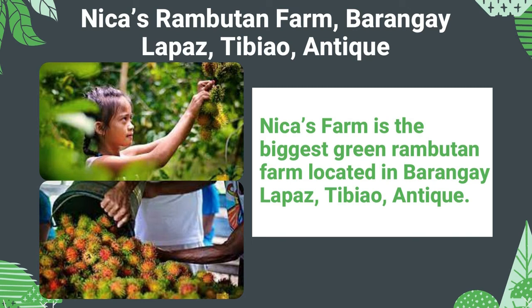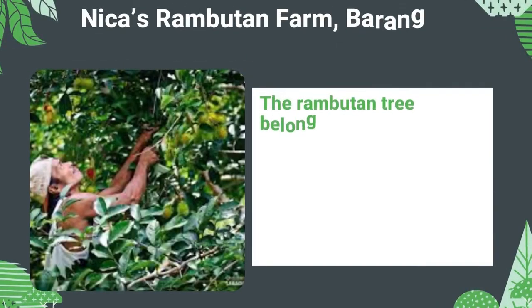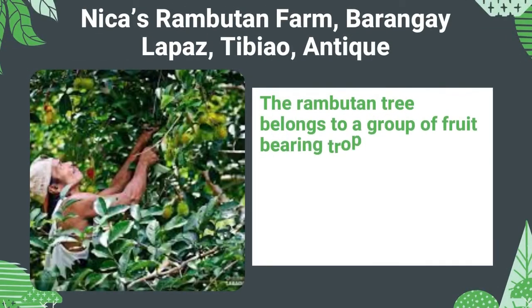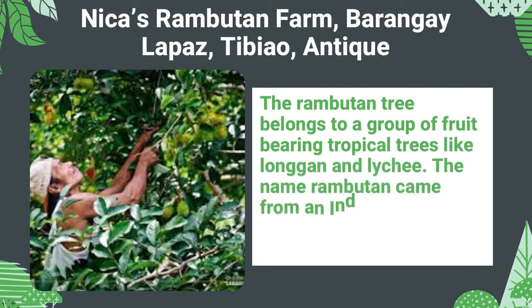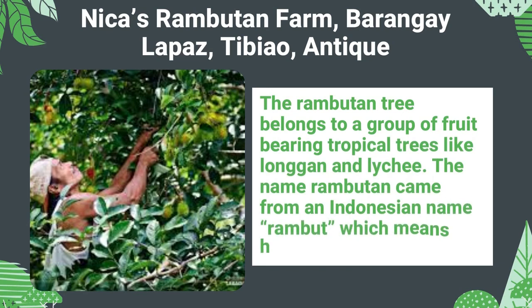Aside from the green and red rambutan, you'll also find bananas, durian, lanzones, mangosteen, pomelo, and other fruits. The rambutan tree belongs to the group of fruit-bearing tropical fruits like longan and lychee. The name rambutan came from an Indonesian word, rambut, which means hair.